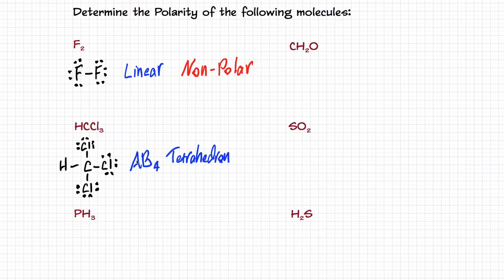The rule for tetrahedrons is it's following the symmetry rule. That is, everything around the carbon has to be the same for it to be nonpolar. So everything would have to be all Cl's, and it isn't, or all hydrogens, and it isn't. So this is definitely asymmetrical, so this molecule, you would say, is polar.